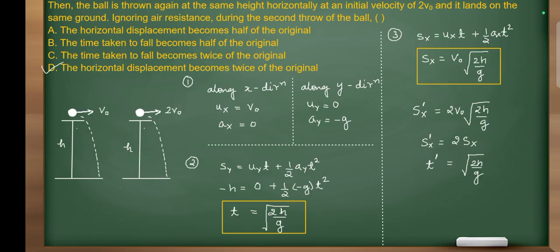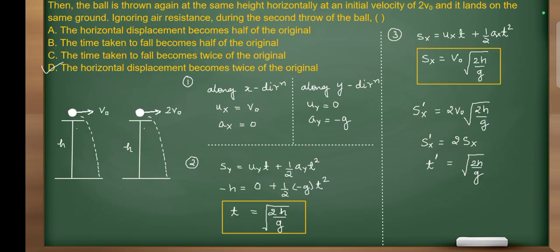So we will analyze the motion along the x direction and the y direction separately. The initial velocity of the ball along the x direction is v0 in the first case, and the acceleration along the x direction is 0, and the initial velocity along the y direction is 0 and the acceleration along the y direction is minus g.